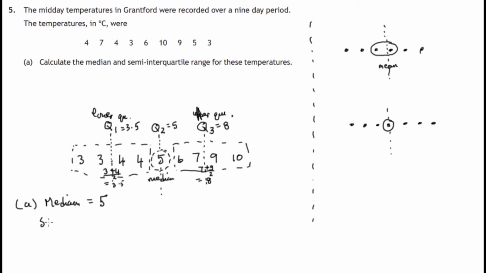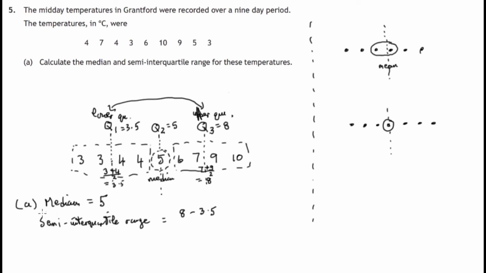So the semi-interquartile range is the range between the lower and the upper quartiles, that's the difference between 8 and 3.5.